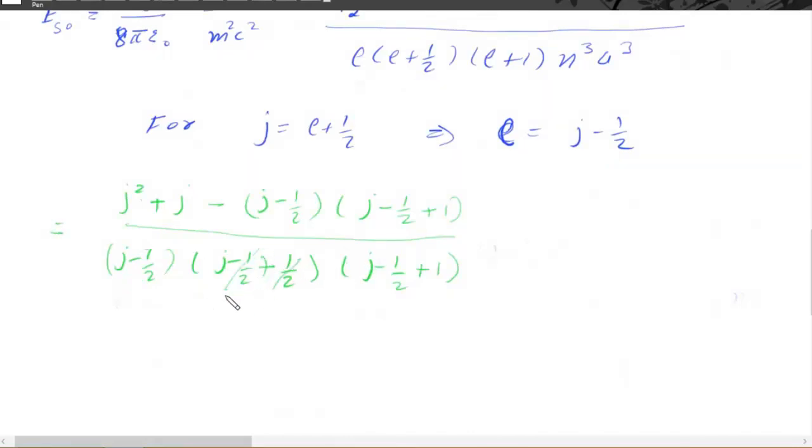This is cancelled with this, and we multiply this term with this term, then j squared plus j, and then we multiply this j out to all these terms, then we will get minus j squared plus half j and minus j, and then plus half j and minus 1 over 4 and then plus 1 over 2.